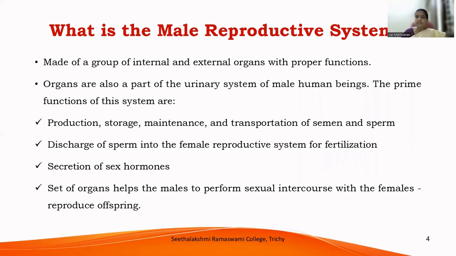For fertilization, it discharges the sperm into the female reproductive system. It secretes sex hormones such as androgen. And it also helps the male perform sexual intercourse with the female to produce offspring.